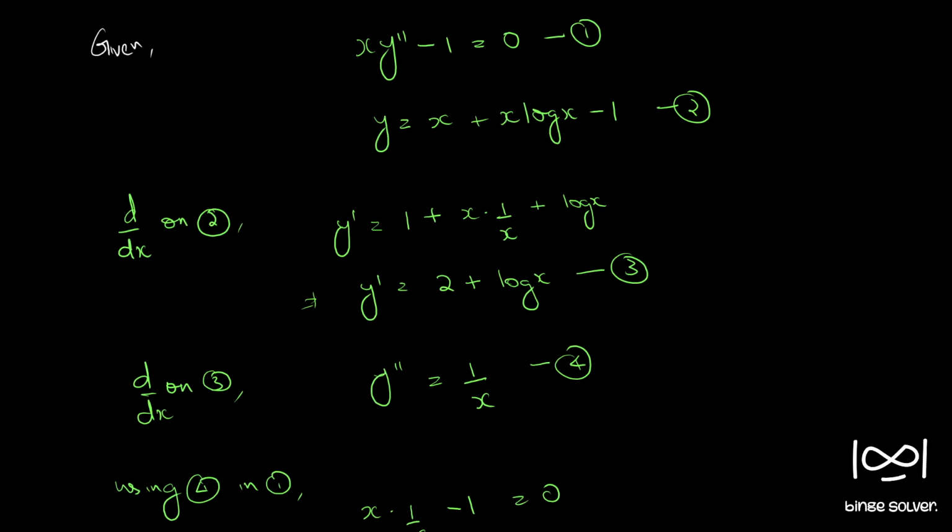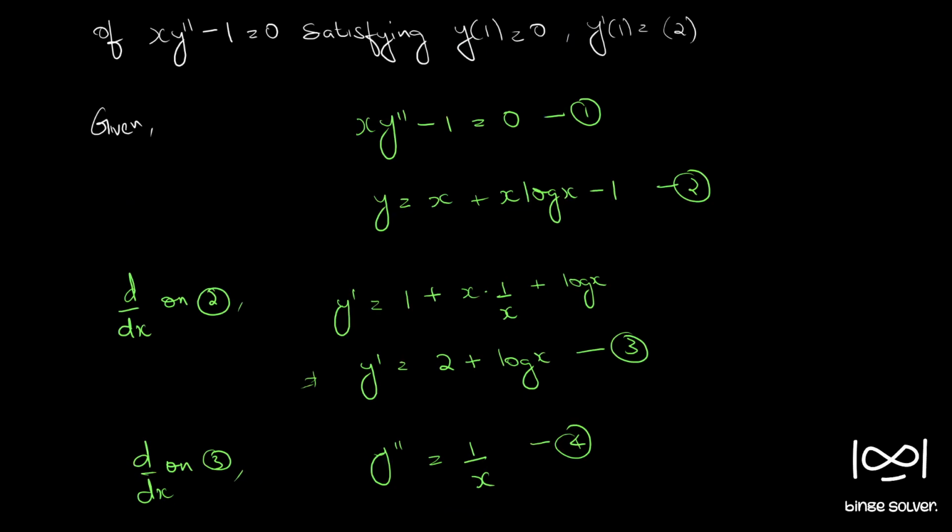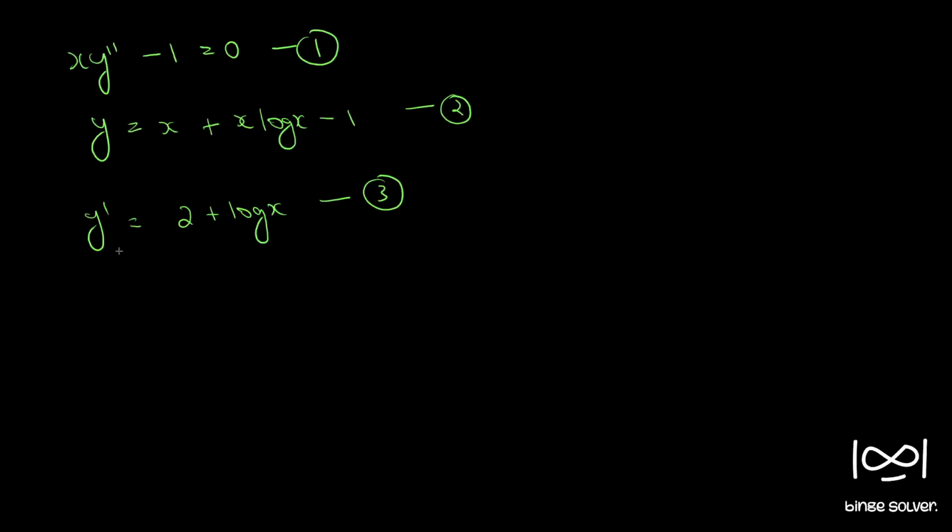And now we will see whether the initial value conditions are satisfied. We will copy everything to a new page, this function and y dash and y double dash. So we have y and y dash. So y of 1, using 2, we have y of 1 equal to 1 plus 1 into log 1, which is 0, 1 dot 0 minus 1, 1 plus 0 minus 1, which is equal to 0.